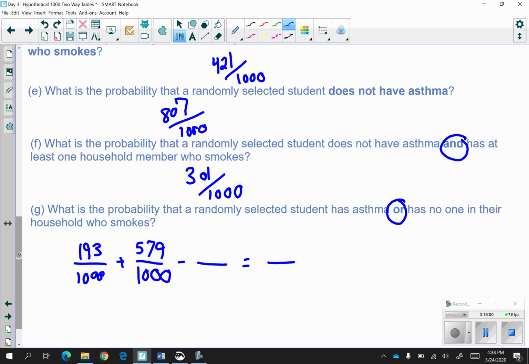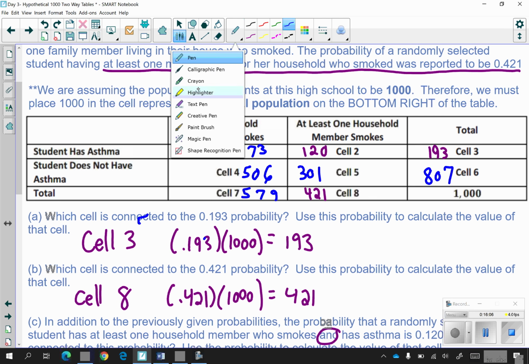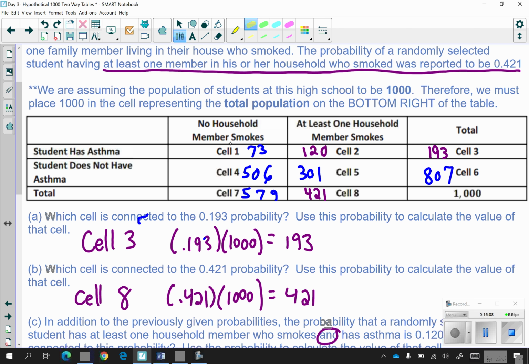And then you need the probability of both of them happening at the same time, the overlap or the intersection. So we're talking about not having anyone at home who smokes, and we're talking about the kids who have asthma.